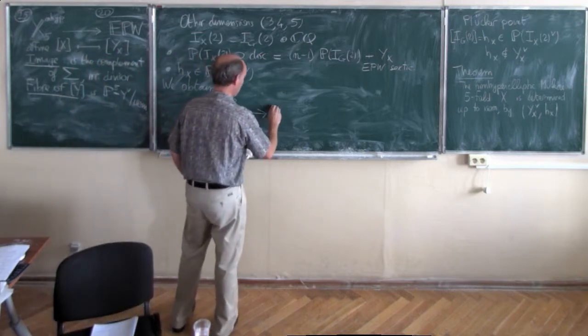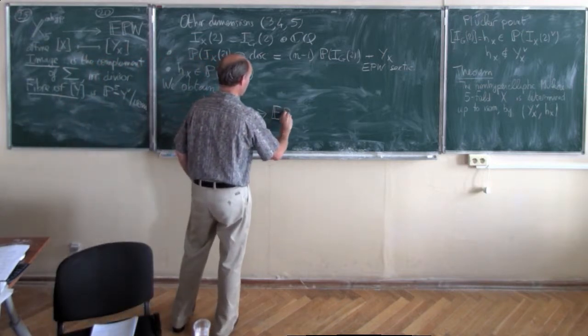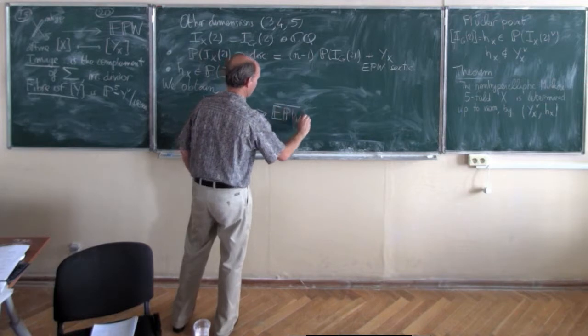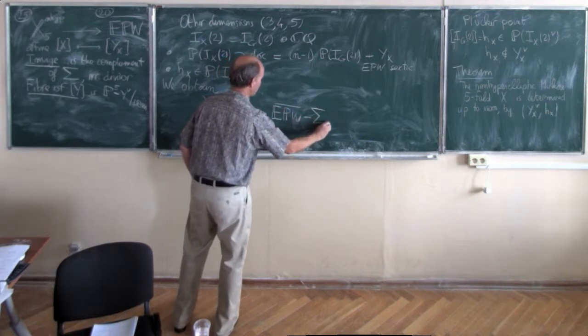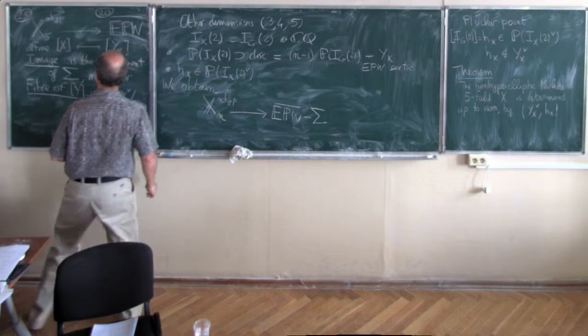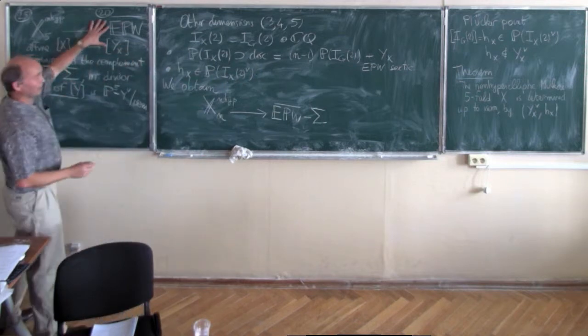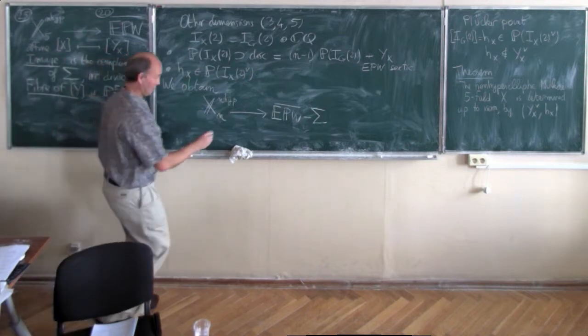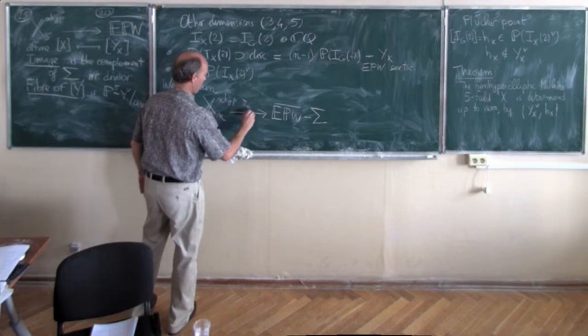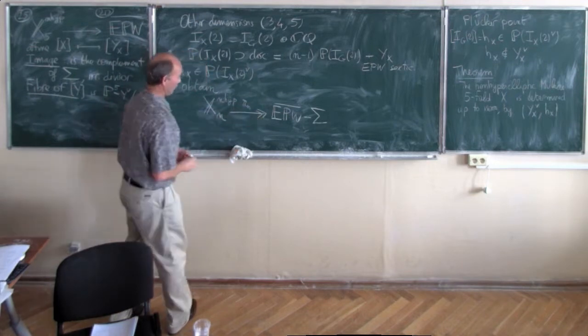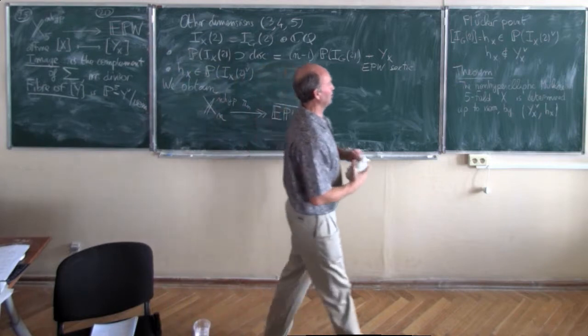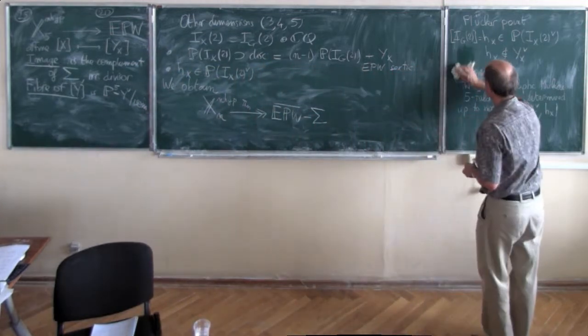So now that I've defined this, this is really the image of this morphism here. So this is surjective, and the fibers, depending on the dimension, are as follows.